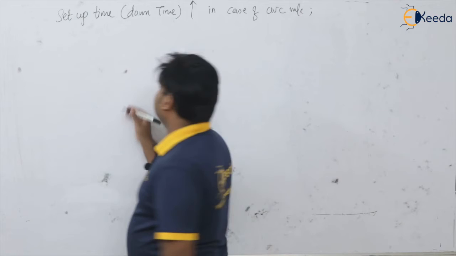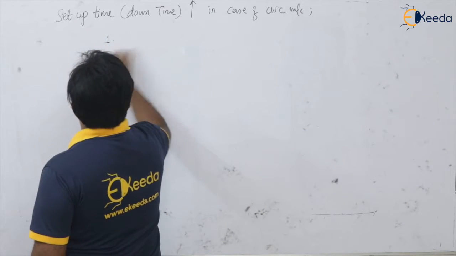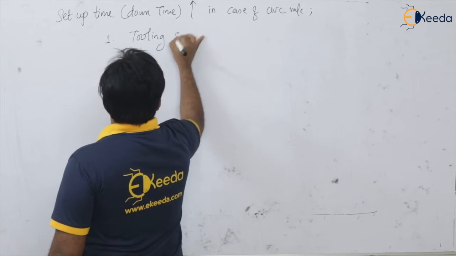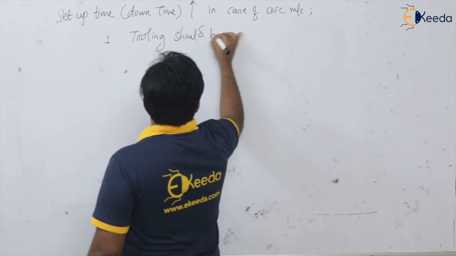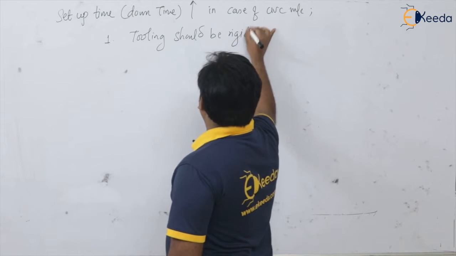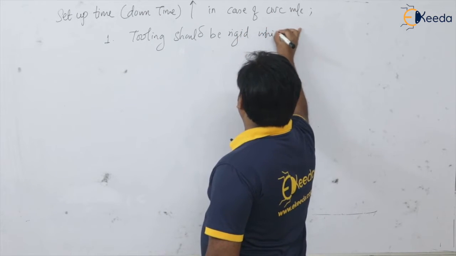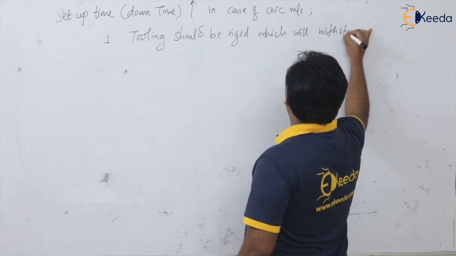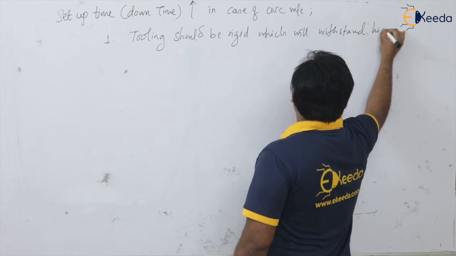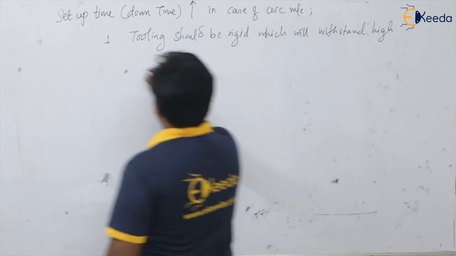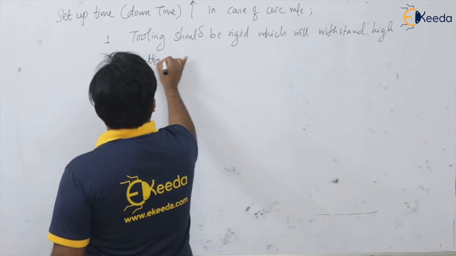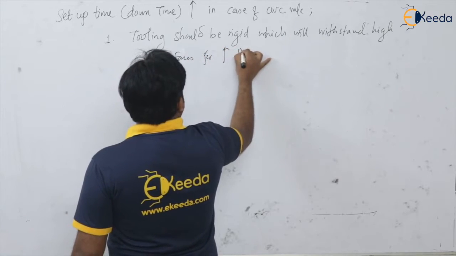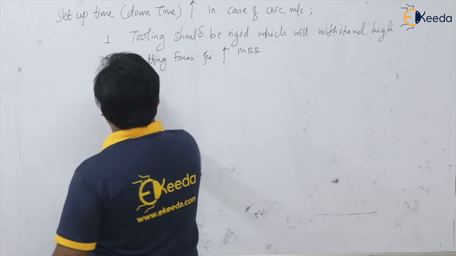Number one characteristic of the tooling on the CNC is that the tooling should be rigid, which will withstand the high cutting forces for high material removal rate. That is a very important thing.